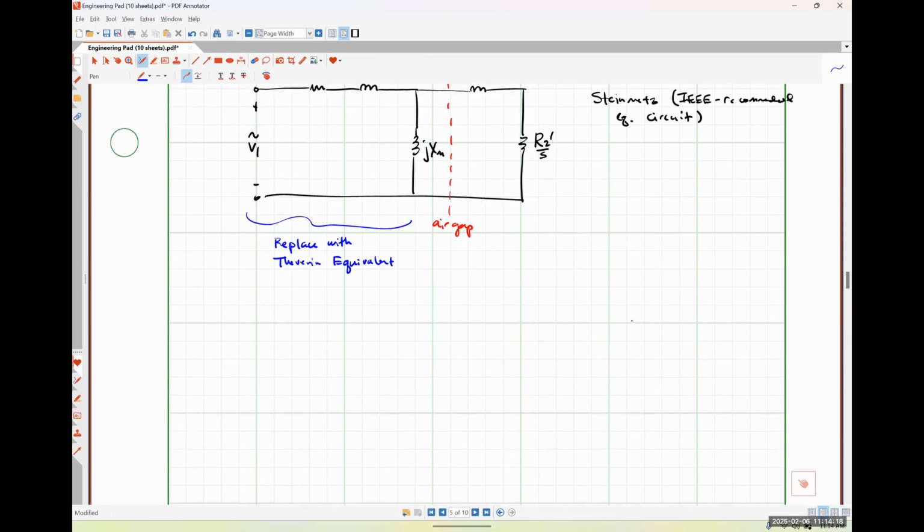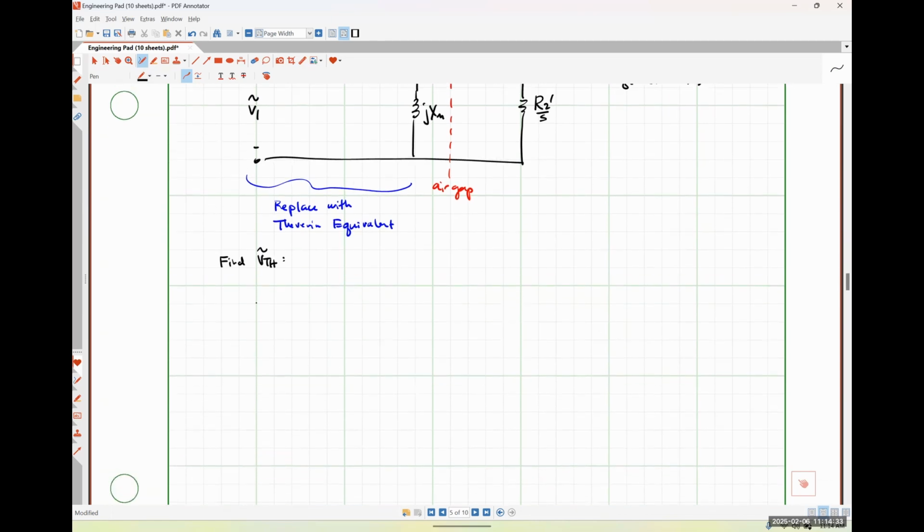So, as a refresher, in order to find our Thevenin equivalent circuit, the first thing that we're going to need to do is find our Thevenin equivalent voltage, VTH. So the circuit that we are interested in is this guy right here. We have some voltage V1.